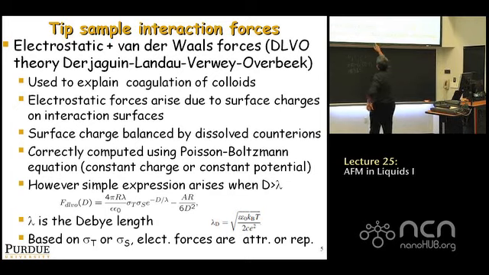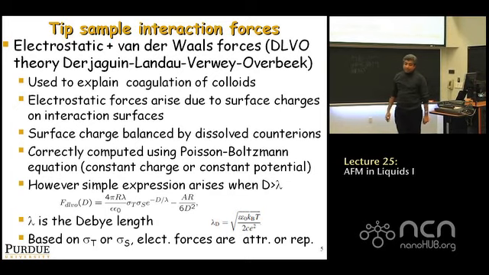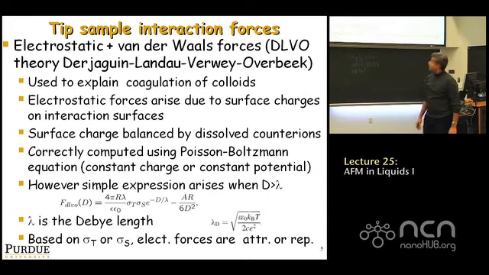The other thing you can control is what lies in front here, sigma T and sigma S. Sigma T and sigma S are connected with the charge density on the tip and the charge density on the surface. So you can also influence these electrostatic forces by using different materials for the tip and the sample, or coating them with molecules that have different charge densities.